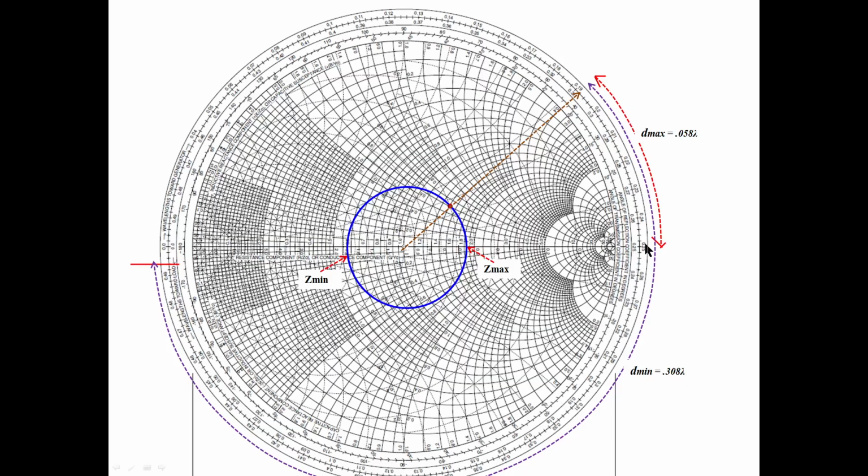Starting from 0, if you come here it is 0.25 lambda, a quarter wavelength, lambda by 4. Again from here to here is another 0.25 lambda, so entirely it is 0.5 lambda. A scale is provided.